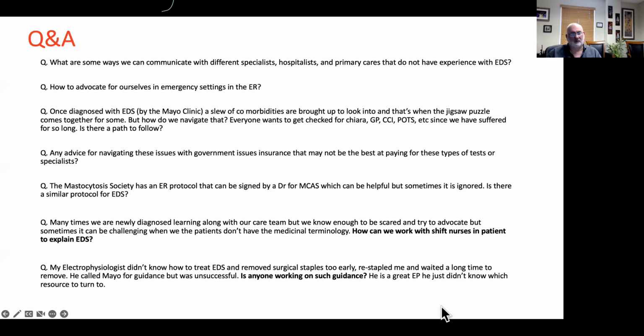If you're going to have a procedure that's going to need, for example, anesthesia, you may want to tell them, hey, Novocaine may not work for me, and I may need to have IV fluids, especially if you have autonomic dysfunction in POTS during the surgery, and I may bleed more than normal. And so it's the same issue over and over again.